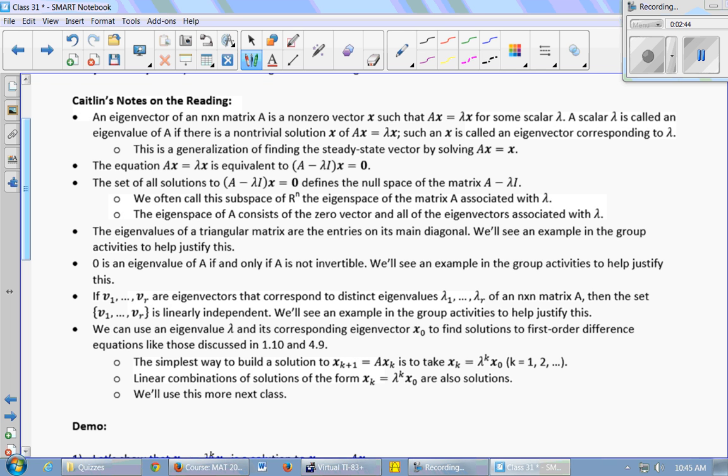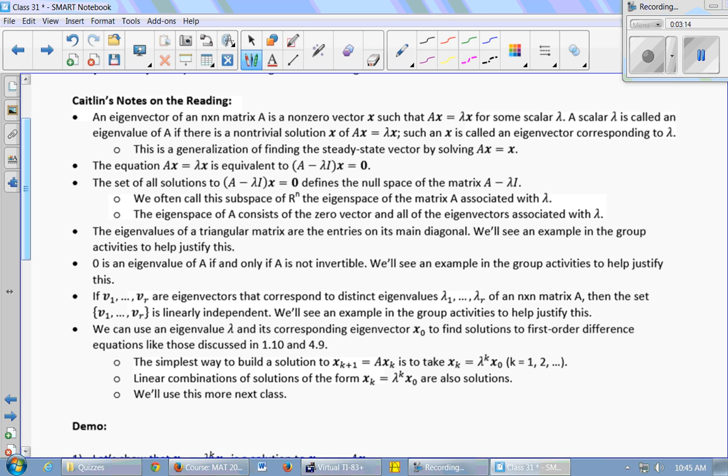The set of all solutions to (A minus lambda I) x equals 0 is the null space of the matrix A minus lambda I, right? That's the set of all vectors x that get sent to 0 by the matrix A minus lambda I. And we often call this subspace of Rn the eigenspace of the matrix A. The set of all eigenvectors plus the zero vector make up the eigenspace.